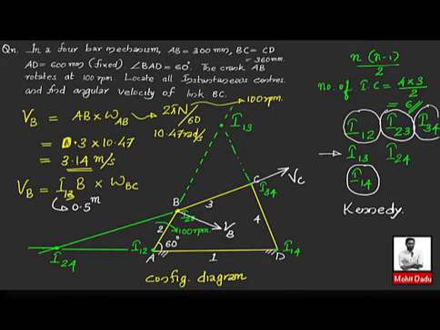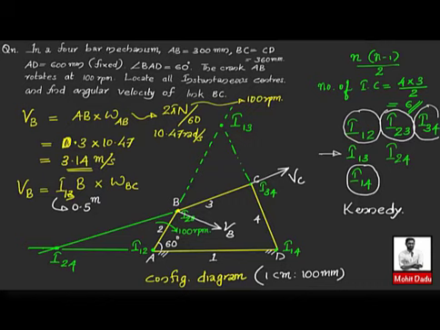That is, if AB is 0.3 meter, you can have a scale where 1 centimeter on this configuration diagram gives you 100 mm. Then AD can be represented by a 6 centimeter line, and in a similar way you can draw all lines. So here I13B represents 0.5 meter, which is obtained by this 5 centimeter line on the diagram.